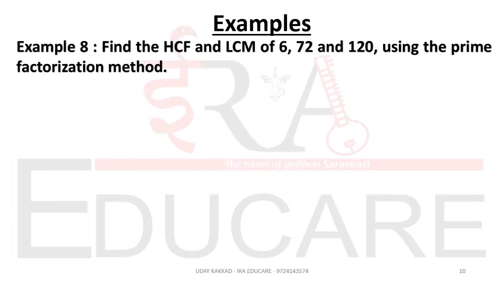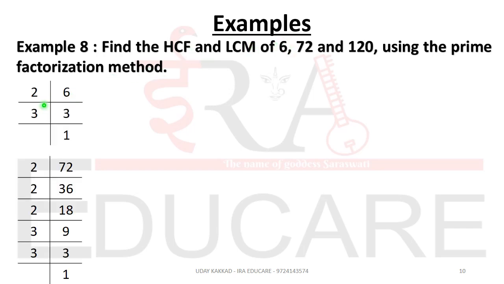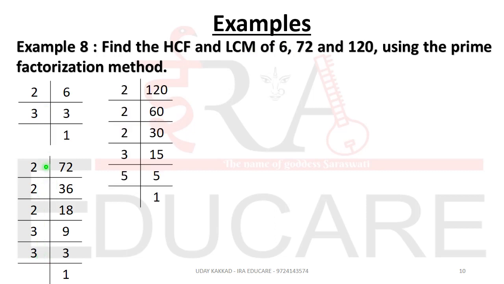Now example number 8. Find the HCF and LCM of 6, 72 and 120 using the prime factorization method, right? So first find the factors of 6. So 3 2's are 6. Find the factors of 72. So it is like this.